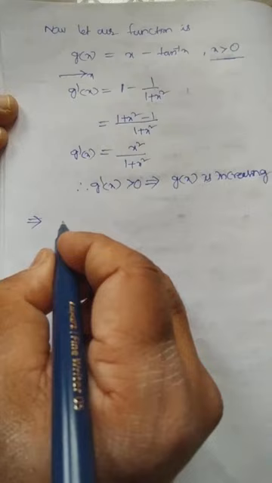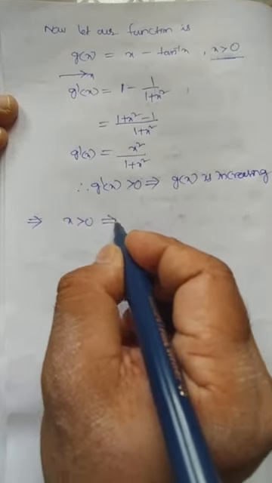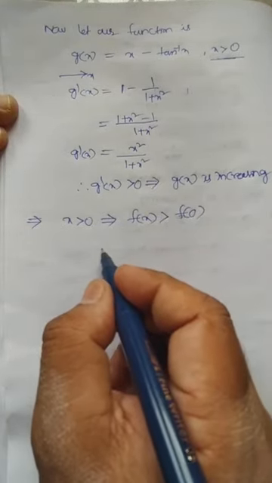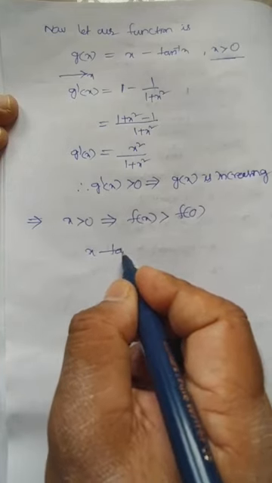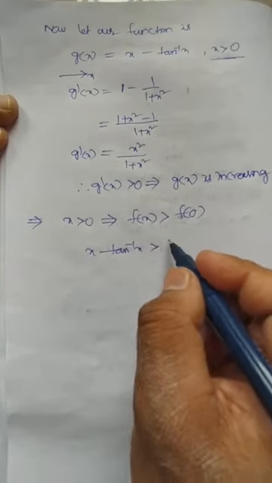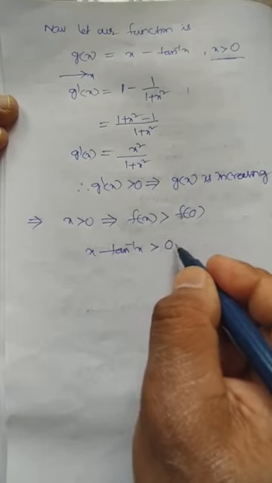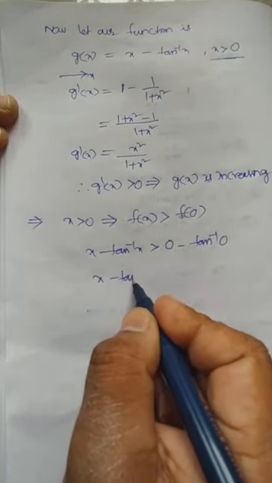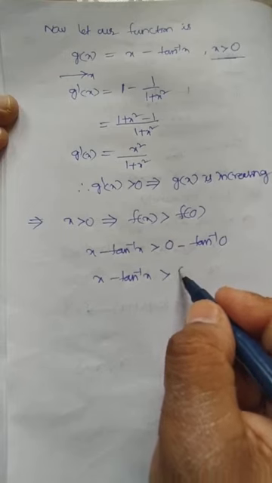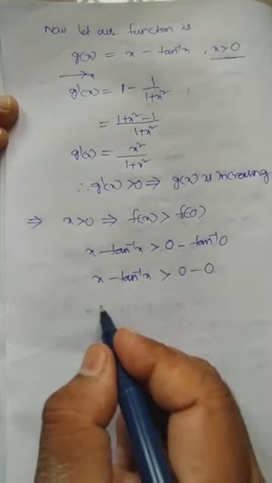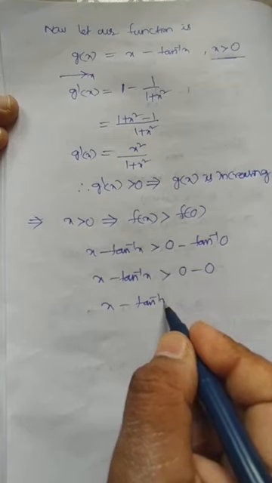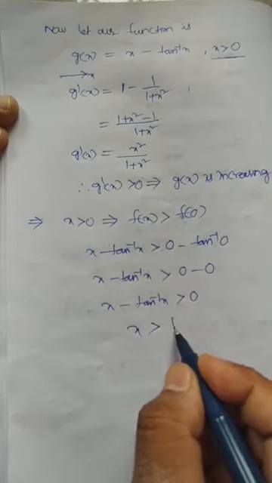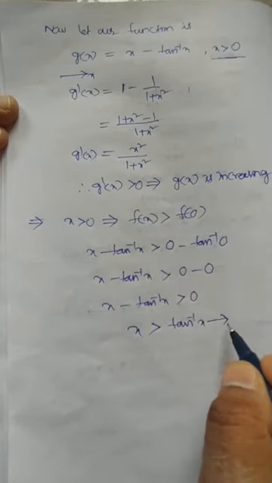That implies whenever x is greater than 0, for the increasing function, g of x must be greater than g of 0. So x minus tan inverse x must be greater than 0 minus tan inverse of 0, which is 0. So x minus tan inverse x is greater than 0. From this relation I can make the statement that x is greater than tan inverse x. This is equation number 2.